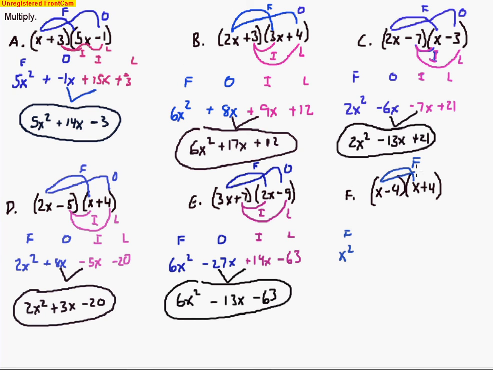Outside terms, x and 4 make a 4x. Let's move on to the inside terms. That's a negative 4 and an x, and that makes a negative 4x. And then the last terms, the negative 4 and the 4 make a negative 16.